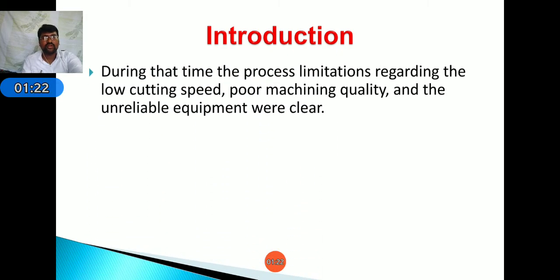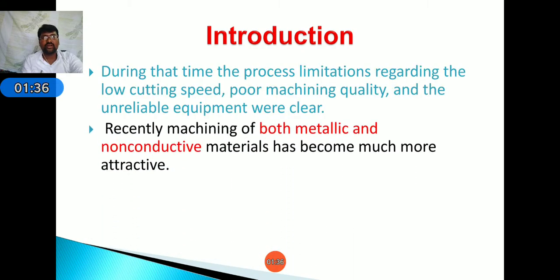During this time, the process limitations regarding low cutting speed, poor machining quality, and unreliable equipment were clear. There was no development at that time. Recently, machining of both metallic and non-conductive materials has become more attractive.